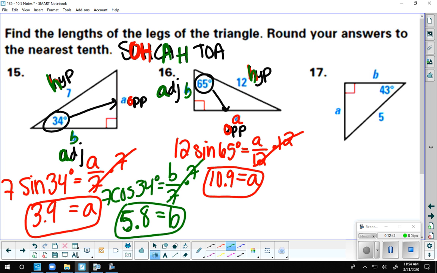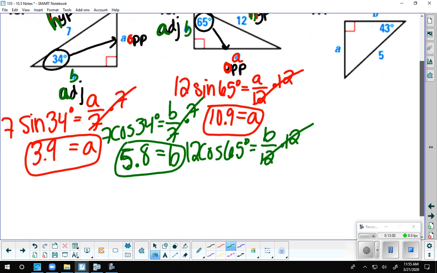So adjacent and hypotenuse is the cosine function. The cosine of my 65-degree angle equals the adjacent side, B, over the hypotenuse, 12. To solve for B, we multiply both sides by 12. 12 times the cosine of 65 is 5.1.